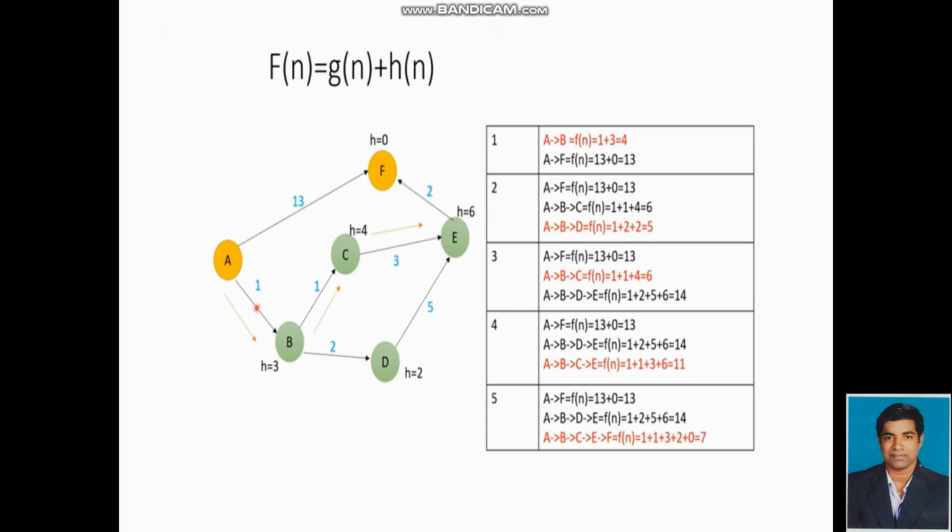So f of n is equal to g of n plus h of n. We take the h values as the heuristic values, whereas for g of n we take the blue colored cost function values.